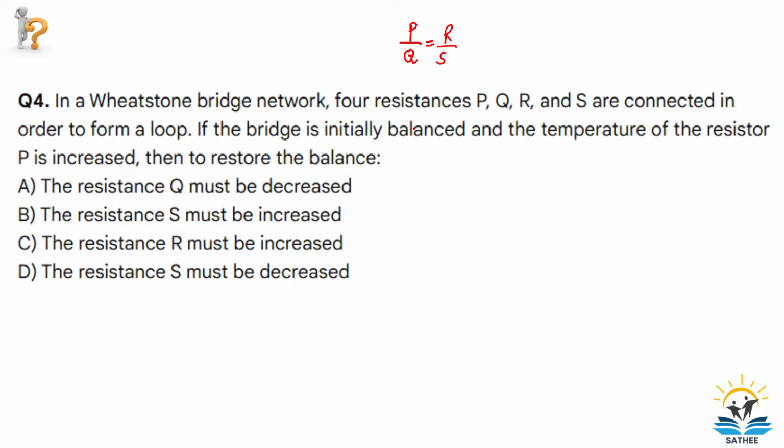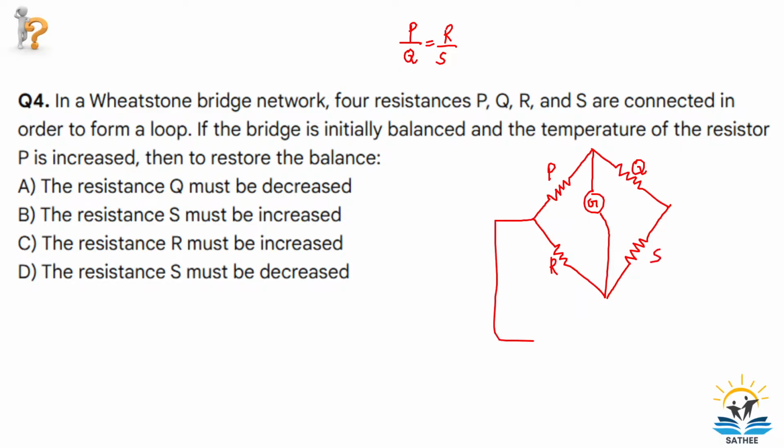That we have discussed. Because if we consider any standard problem, with this being the galvanometer, this is P, this is Q, this is R, and this is S. In any standard problem, we consider the names of these resistors like that, P, Q, R, S. And we have the balance condition P by Q equals R by S, or you can write P by R equals Q by S by cross multiplying.